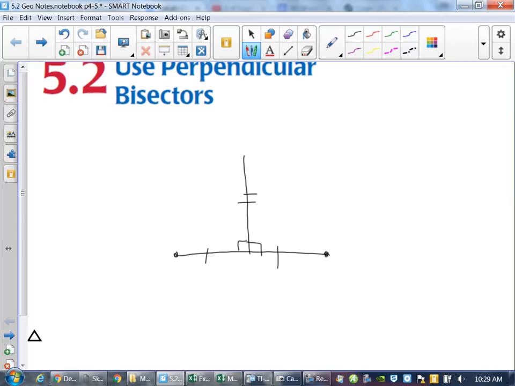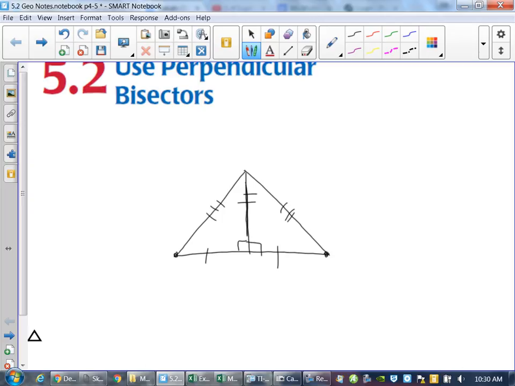So basically what this means is, no matter how short or how long the perpendicular bisector is, if you are anywhere on a perpendicular bisector, you're always equidistant to the endpoints because of side angle side.